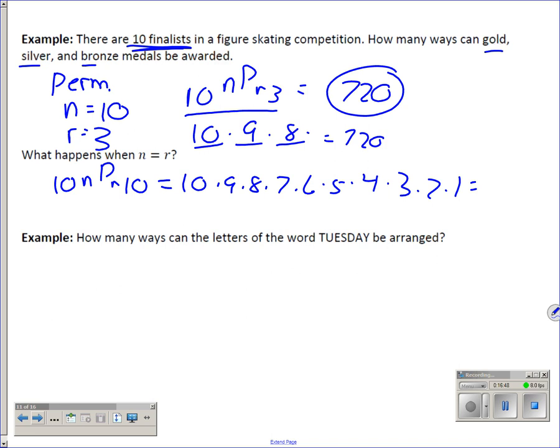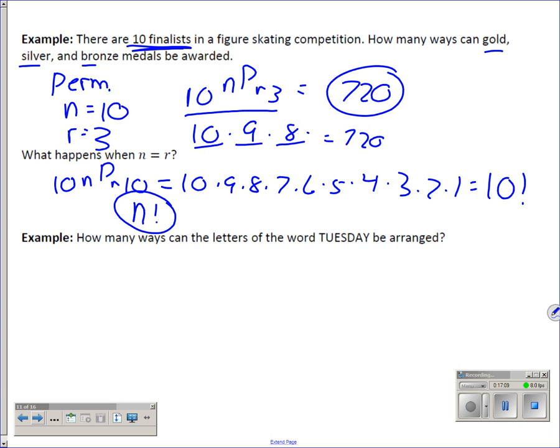What's that the same thing as? 10 exclamation point, or 10 factorial. So really, if the n value is equal to the r value, it's just the same thing as n factorial. Same thing.